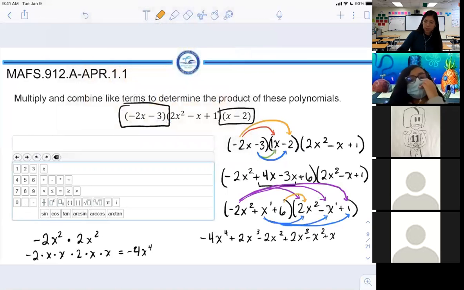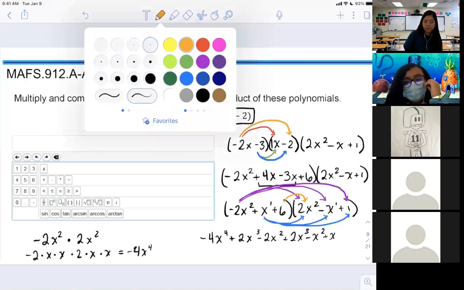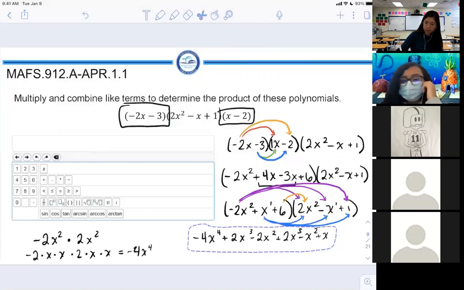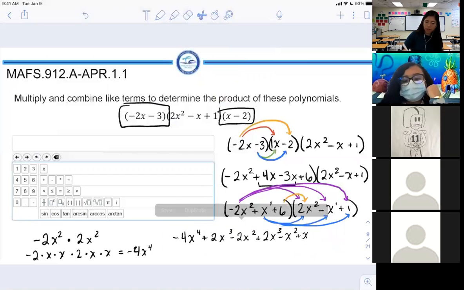So 6 times 2x squared is 12x squared. Okay, minus 6x. And let me move this all along because it's so long. All right, so 6 times 2x squared, we said 12x squared.